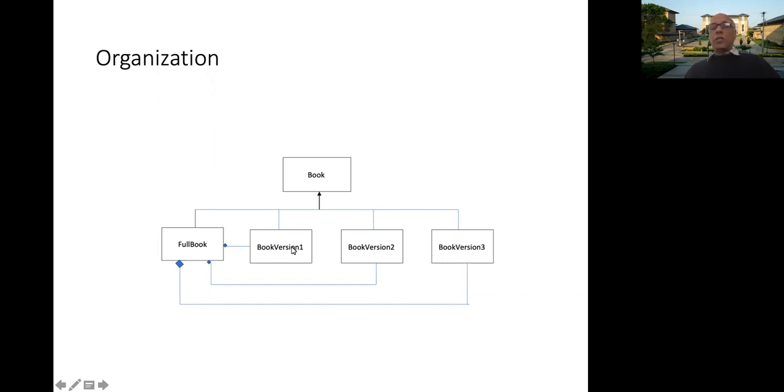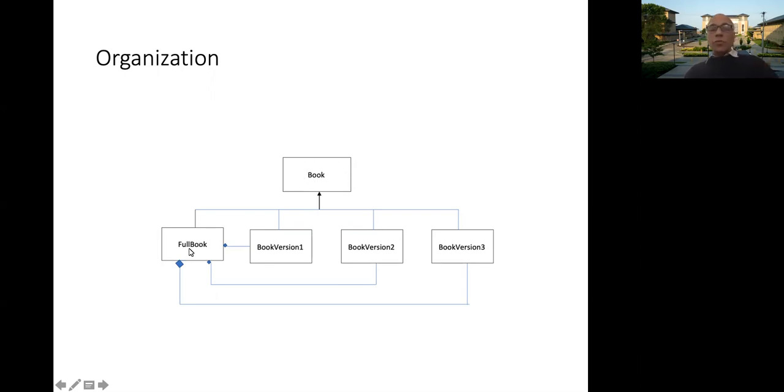Version 1 allows one type of privilege, version 2 allows a different type, version 3 can allow a third type, etc., etc. We only talked about two versions in the previous slide, the full book and the read-only book. What I'm saying is we could have many, many different privileges realized through many different subclasses of this abstract class book.